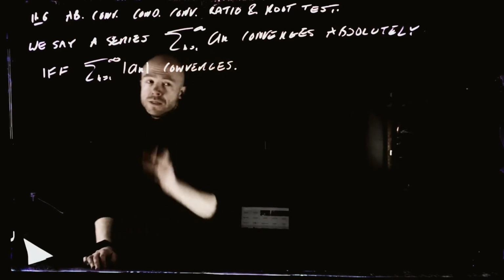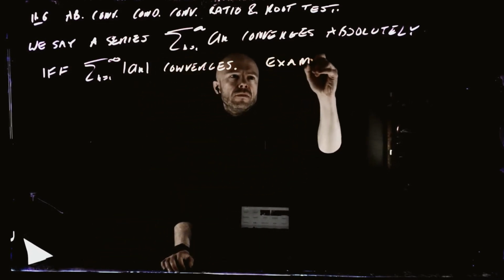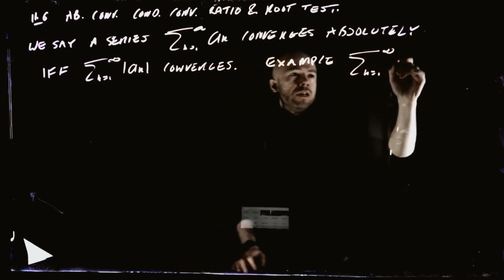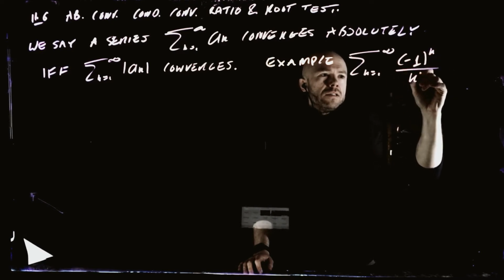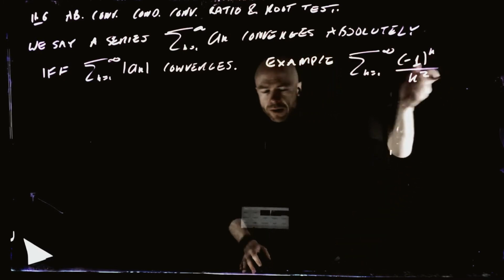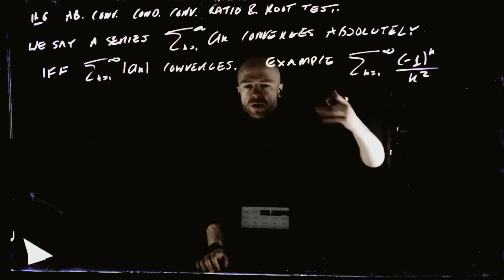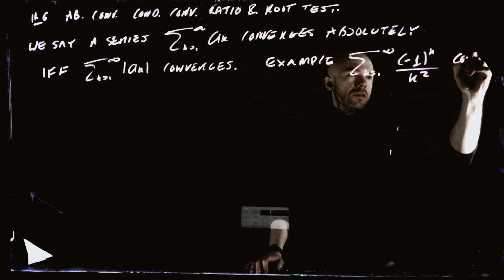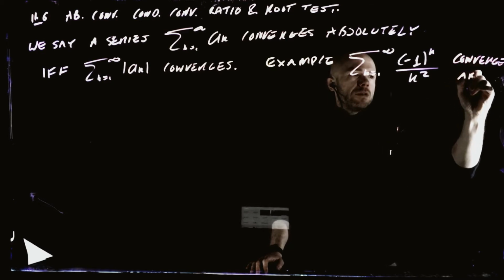Okay, so example. The sum k equals 1 to infinity, minus 1 to the k over k squared. We know it converges anyway just by the alternating series test, but if we take the absolute value of these terms, it's just 1 over k squared, which still converges. So it converges absolutely.